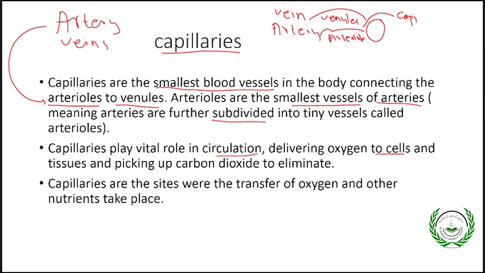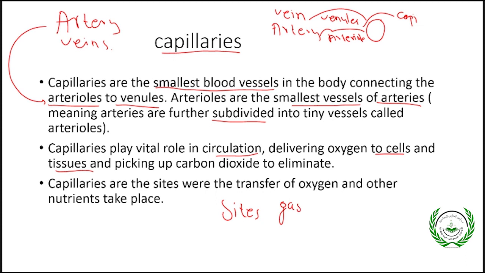This one becomes venules, and this becomes arterioles. The whole idea is to fit the size of the cell, and finally they become capillaries. We will see this in a diagram.